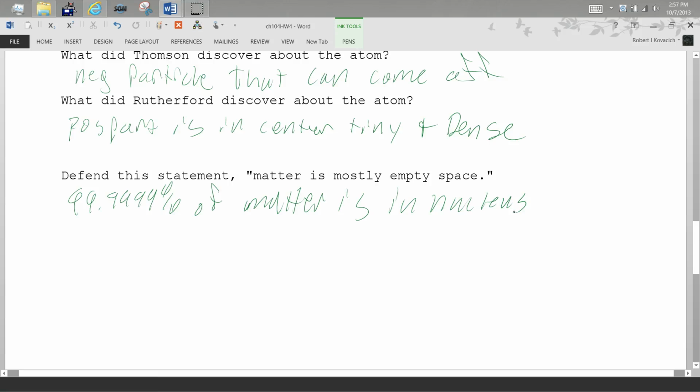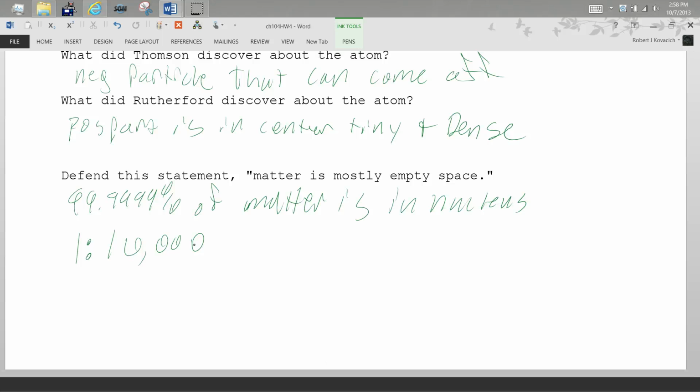The other small percentage is the electrons. That nucleus is how big compared to the atom? It's tiny. It's about a 1 to 10,000 ratio of the distance across the atom. So it's a dot in the middle of a 10,000 size atom.